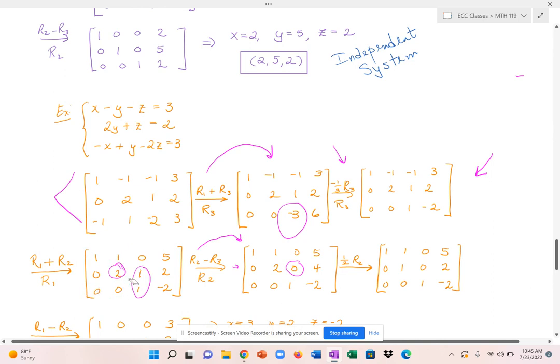So again, it's looking better than what it was. And 2 minus negative 2 gives me a 4.